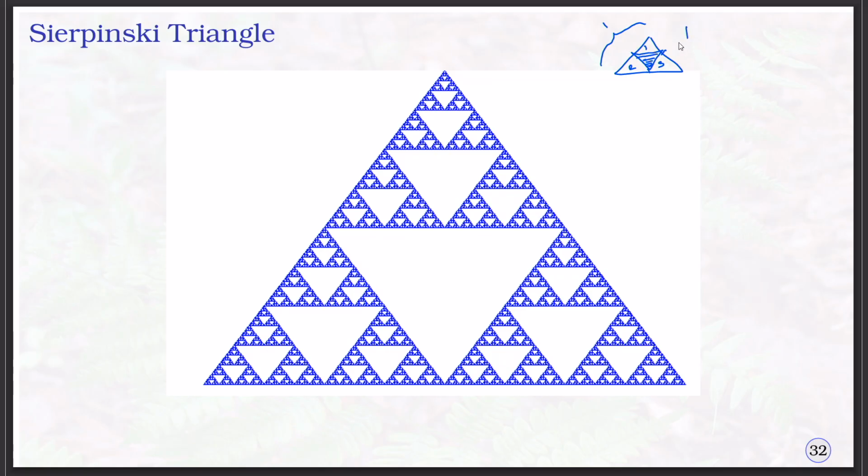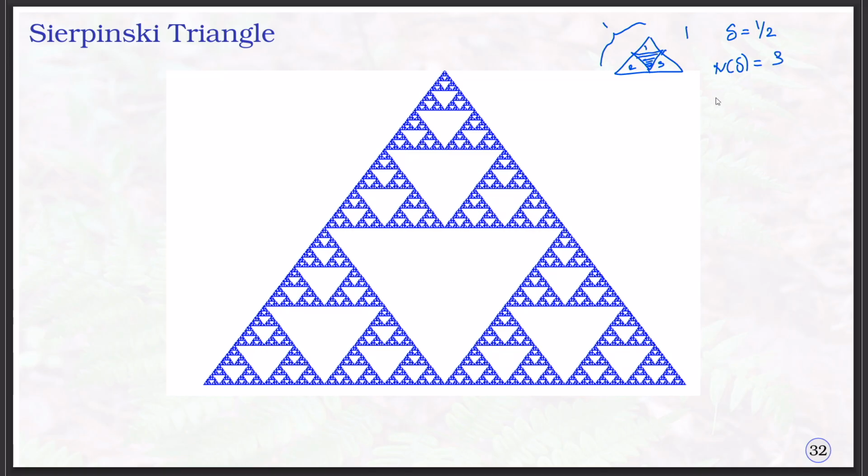So, after the first iteration, if you are taking delta as 1 by 2, the number of triangles, here the box means the triangle, required to cover this object is 1, 2, 3.